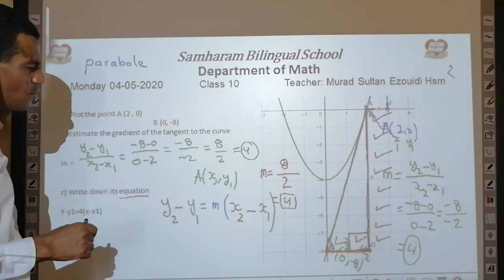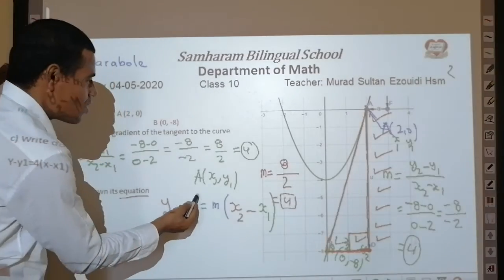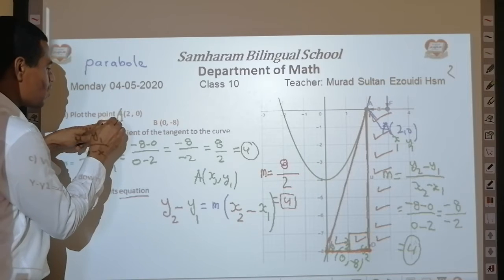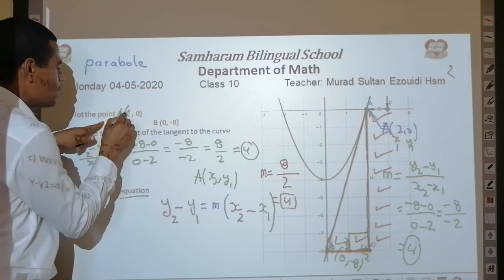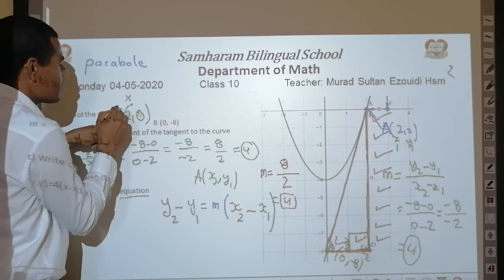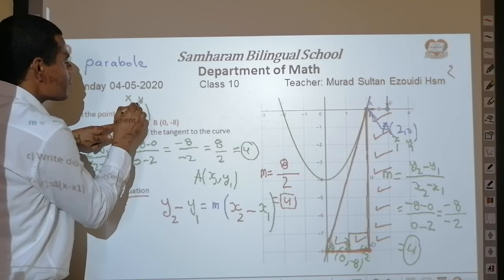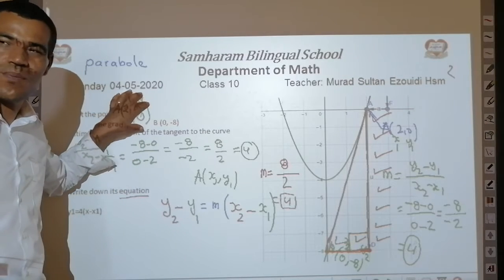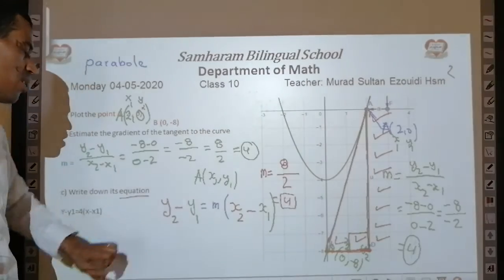So here, what is the value of A? A has coordinates (2, 0), so this one is x1 and this one is y1. I will substitute the x and y coordinates of the point A in my equation.